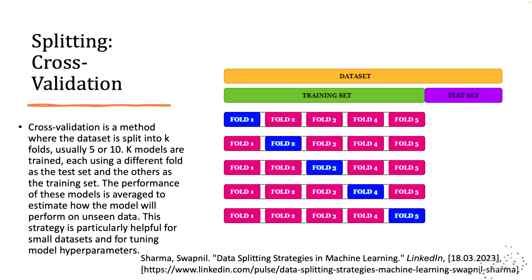In the first case, for example, we choose the first fold for the test set and the others for training, and in the second one we choose fold 2 as the test set and the others for training. We keep changing, choosing different folds for the testing set, and do these combinations.